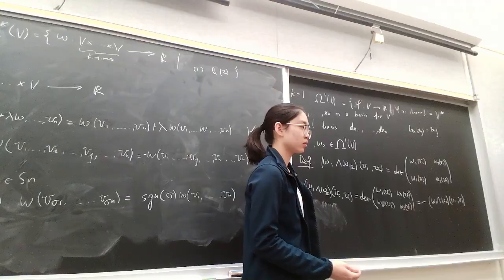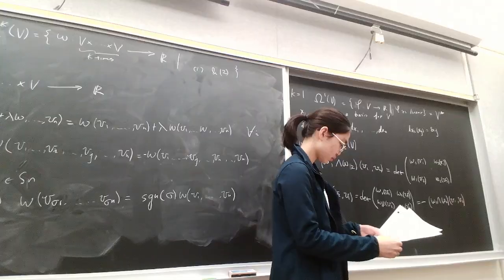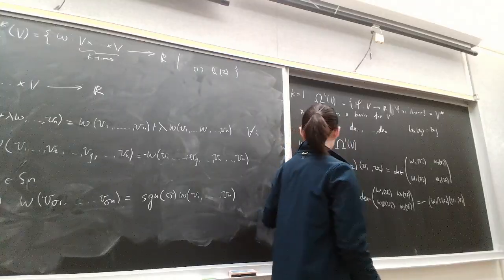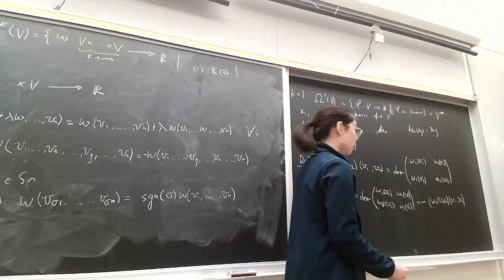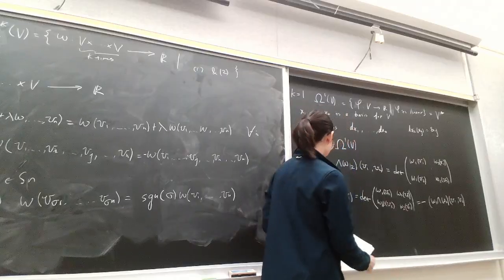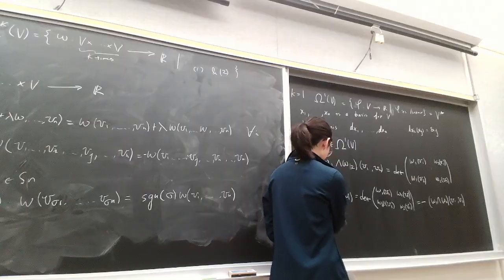That's it. What I'm interested in, which hopefully you're going to talk about, is what this means geometrically. This is a two form, which gives you the area of a parallelogram defined by V1 and V2.